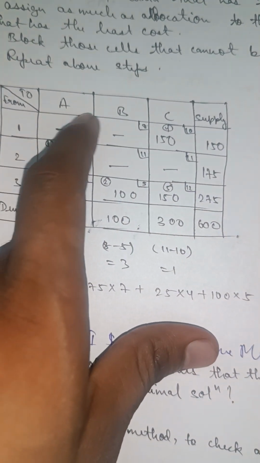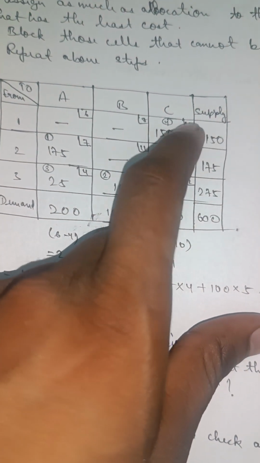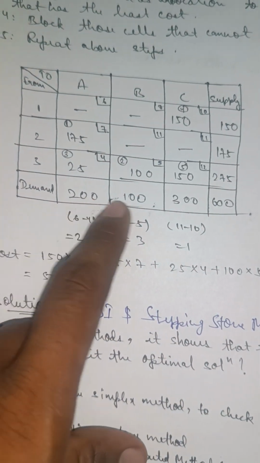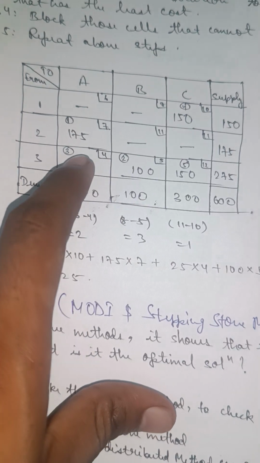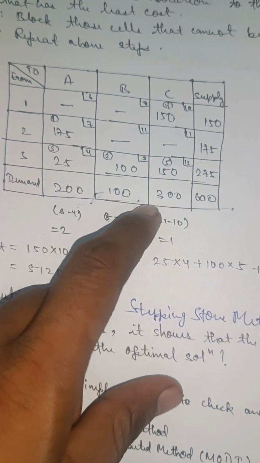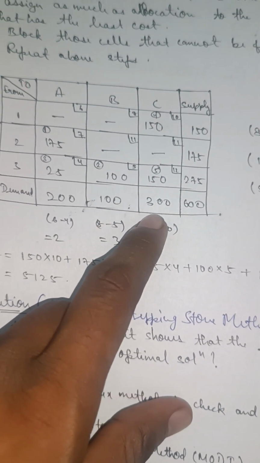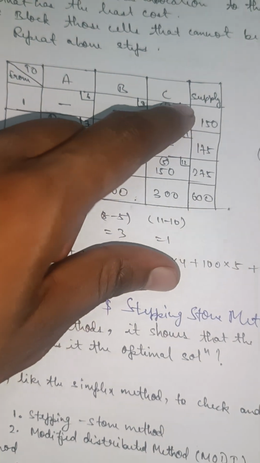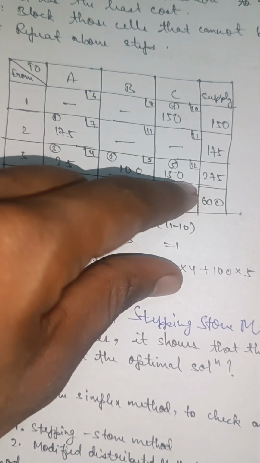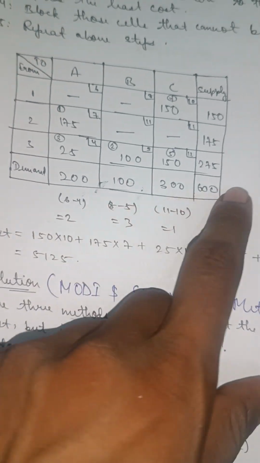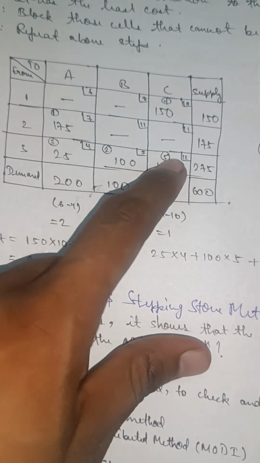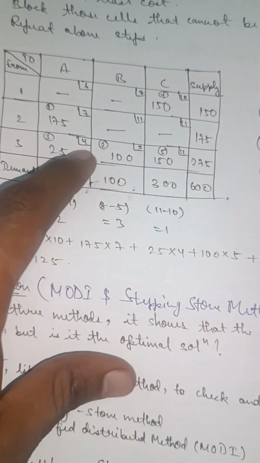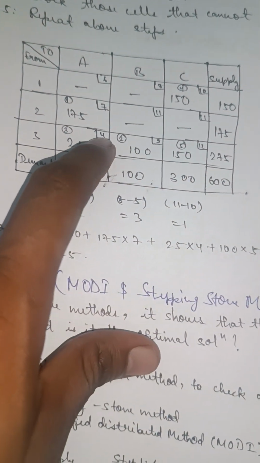Okay, we will subtract, sorry, 10 minus 6, we will get 4, and then 12 minus 4, we will get 8. And likewise in column also, 6 minus 4, 2, and 12 minus 10, 2. So the maximum comes in this row. We got 12 minus 4, 8. Okay, and the least in this row is 4.